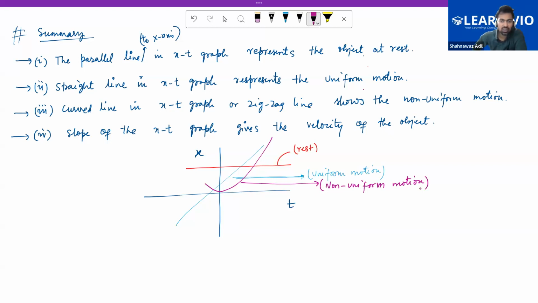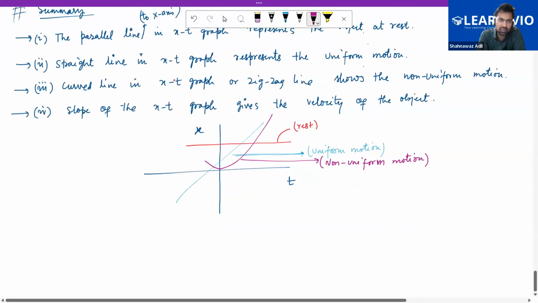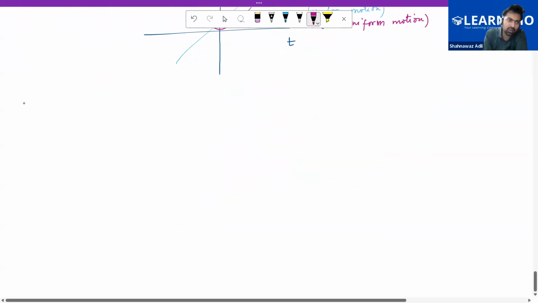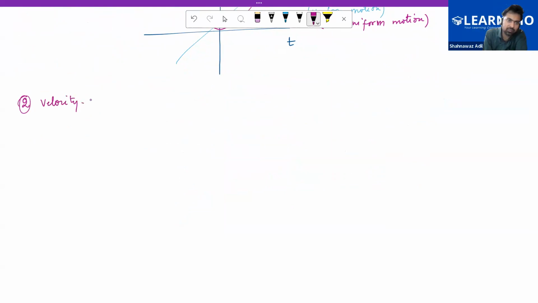Now we will come to the important part, which is the velocity time graph. I will do it directly, because you have already understood the xt graph, so we'll take the analogy. Let's talk about the second part, the velocity time graph, which has many applications.